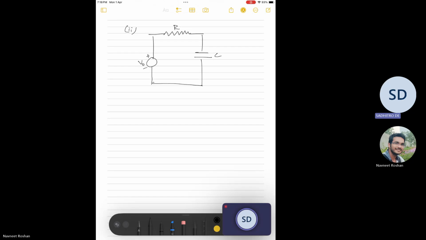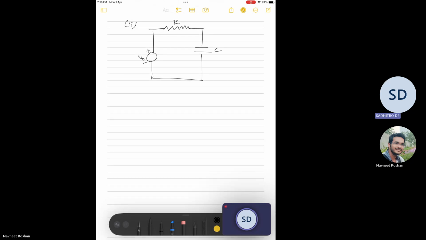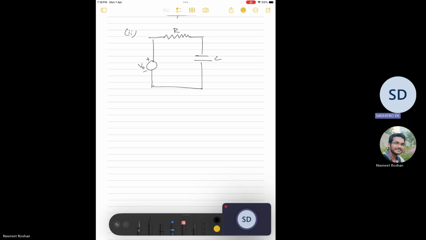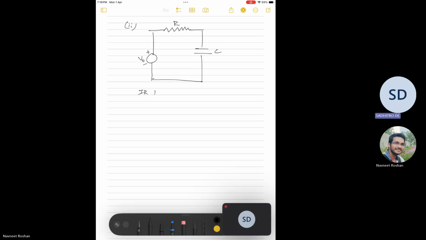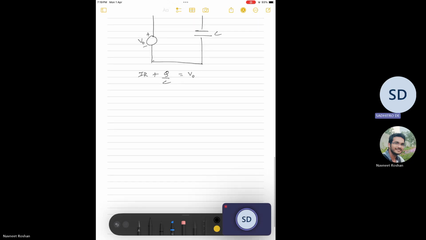Okay, so if you apply, what is the voltage drop across the resistance and the capacitance? If I is the current, then the voltage drop is IR plus Q by C is equal to V0. Right. Now I is basically Q dot.